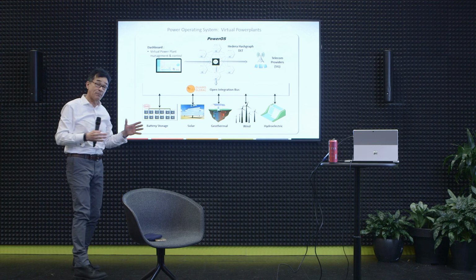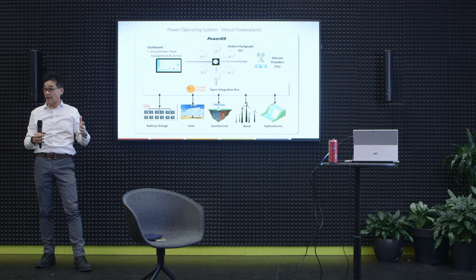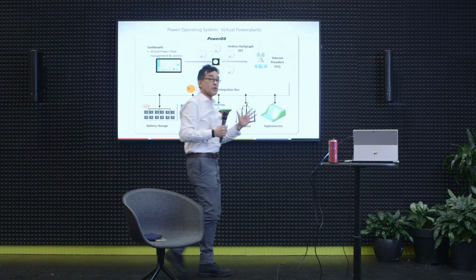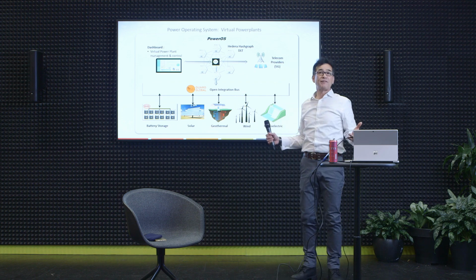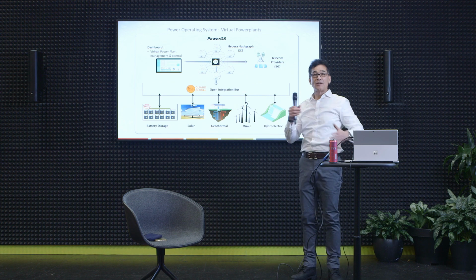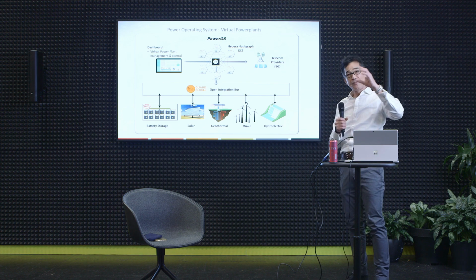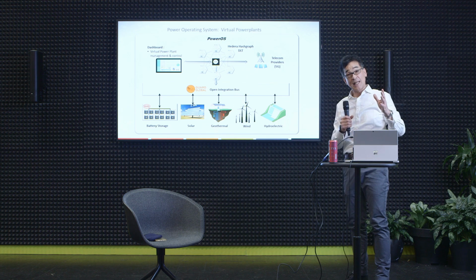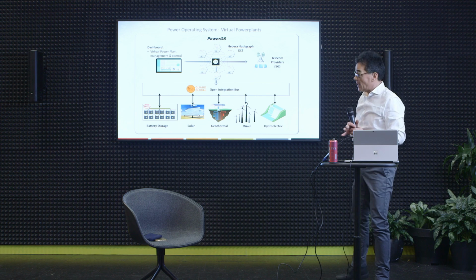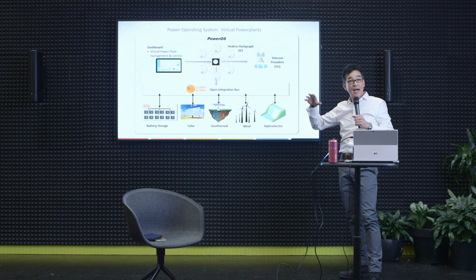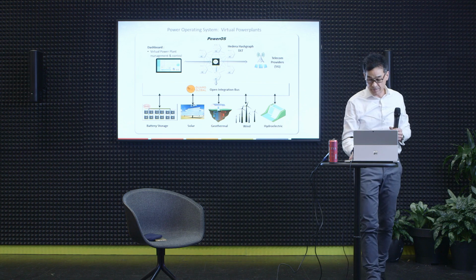And this will stabilize and make the whole process more efficient. Power stations operate at about 30% efficiency, and during transmission, there's about a 20% loss of electricity. And hopefully, by integrating and collaborating with our Power OS or virtual power plants, this will stabilize and make the whole process more efficient.